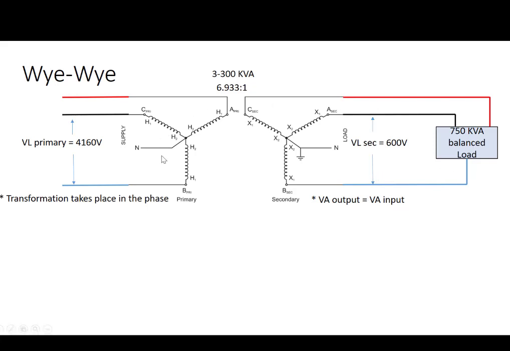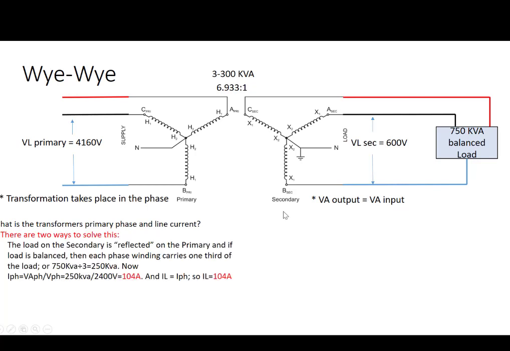Our voltage values will stay the same on the primary and secondary because they are rated. We always are using rated voltages, but the currents are now going to change when we use this load. If I'm going to look at what the primary phase and line currents are going to be, there are two ways we can find this.